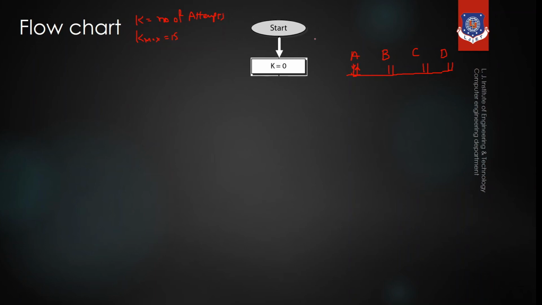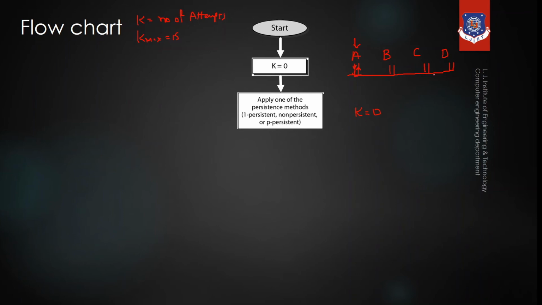So suppose device A wants to send data, so the first time the value of K will be 0 for device A. After that, A will sense the channel to find whether the channel is busy or idle, and for that it will use one of three persistent methods.